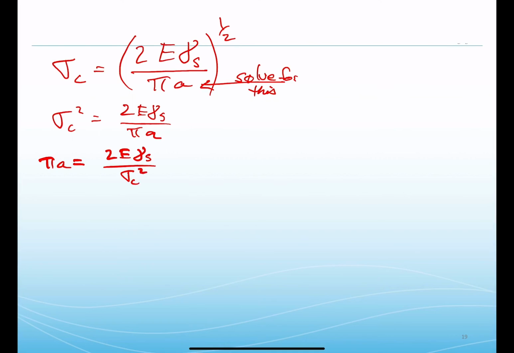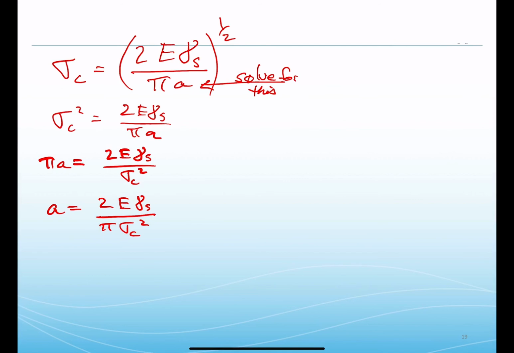And ultimately we see here that A is equal to 2E gamma S divided by pi sigma c squared. Very good.